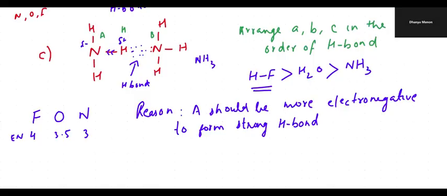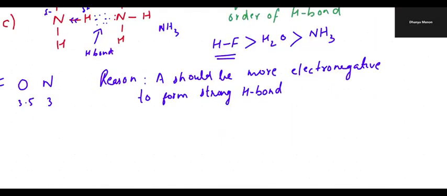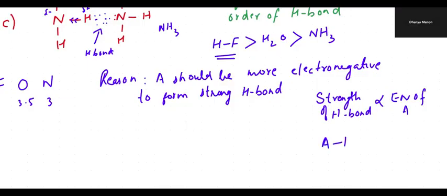So writing a condition over here: the strength of the hydrogen bond is directly proportional to what? The electronegativity of A. A is what? The atom that is covalently bonded to hydrogen. The more the electronegativity of A, the more is the strength of what? The strength of the hydrogen bonding. I hope I am clear here.